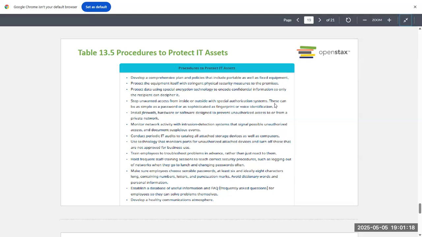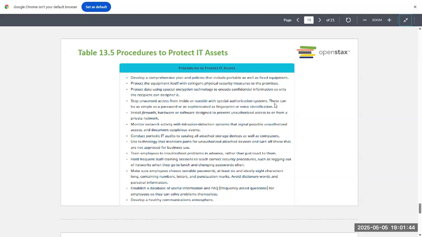So what are some things that could be done to protect IT assets? One, develop a comprehensive plan. It is so important to have a plan in mind for the policies of usage, maintenance, and incident responding and incident reporting as well. Physical security of equipment is important.